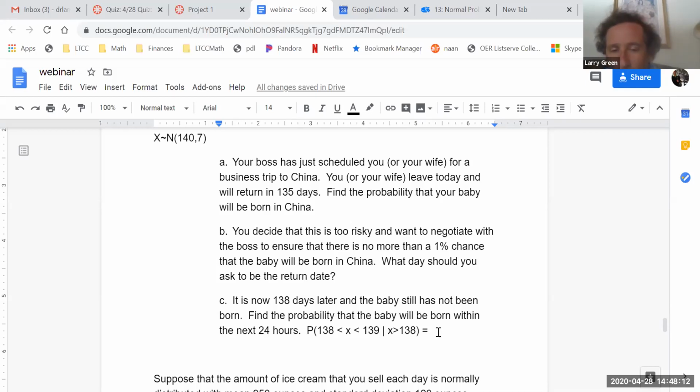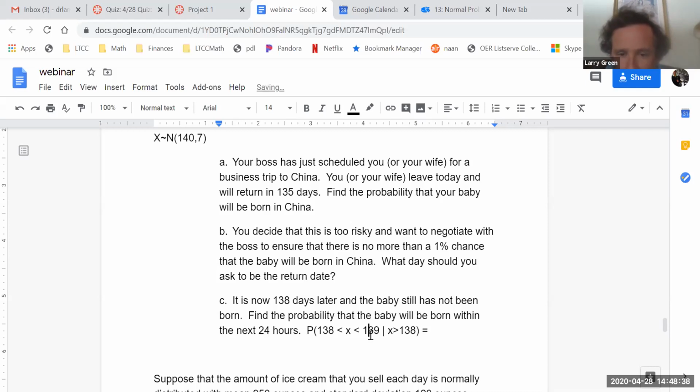All right, well, now we have a formula for given problems. By the way, if it's between 138 and 139, and you know that it's greater than 138, that's the same thing as just saying it's between 138 and 139.